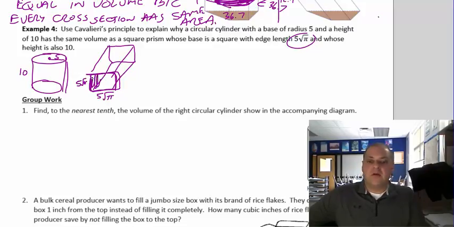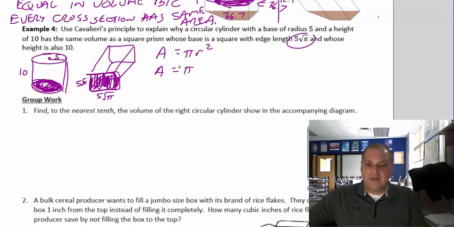So we've got to find the area. If we're using Cavaliere's principle, you find the area of the base. So we'll do the area of the base for the cylinder. That's pi r squared, so pi times the radius, which was 5, squared. That's going to be 25 pi.